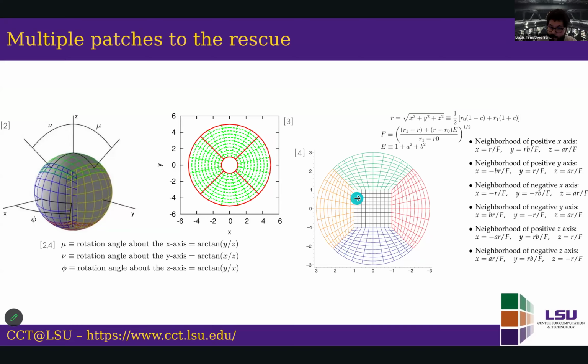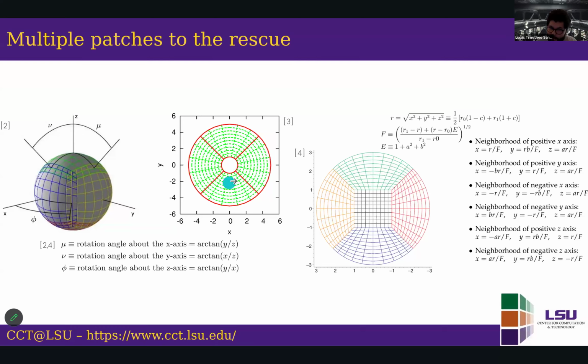So what you have here is a central Cartesian patch, and then you surround that Cartesian patch with 6 spherical-like, quasi-spherical caps. They are not exactly spherical. If you look at the math in the coordinate definitions, you're going to see that these are not exactly spherical.